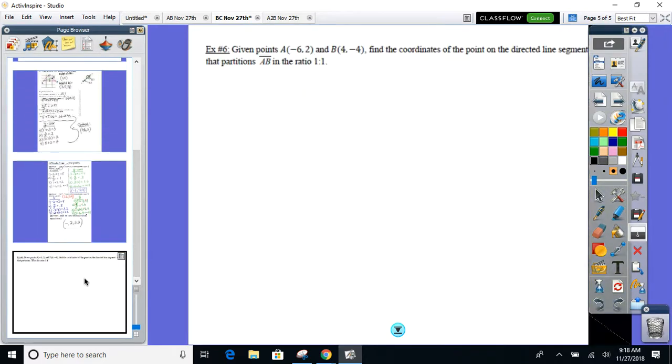This last one here in the notes, where it says break it up into 1-to-1, that's how many congruent parts? You want me to break a line segment up into 2 congruent parts. This is just another way of me asking you to find the what? Midpoint. Yeah, 2 congruent parts, right? Yep.